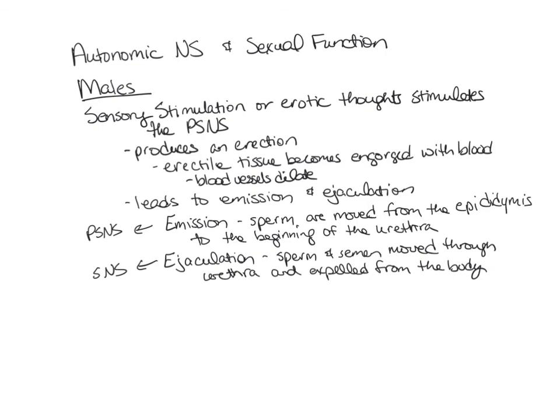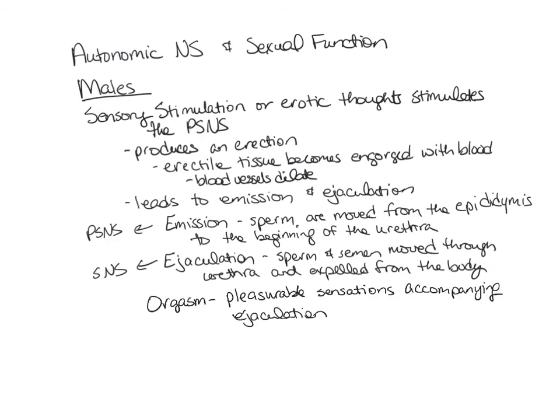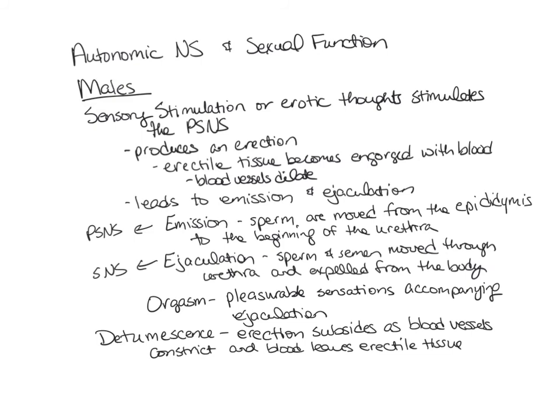The term orgasm stands for intensely pleasurable sensations that accompany ejaculation. There's another term called detumescence. This is the subsiding of an erection due to the decrease in blood in the erectile tissue. The term impotence refers to an inability to achieve or maintain an erection.